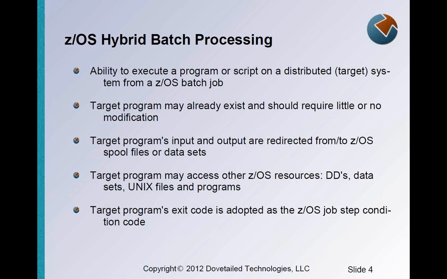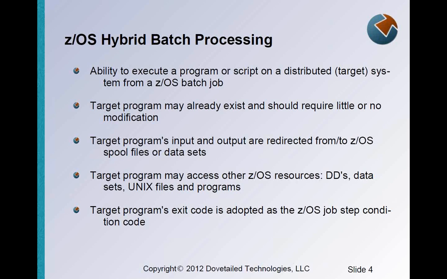So we've coined this phrase zOS hybrid batch processing to describe what's covered in the following five bullets. So in other words, if we can achieve these 5 things, then we have what we would refer to as a hybrid batch processing environment.